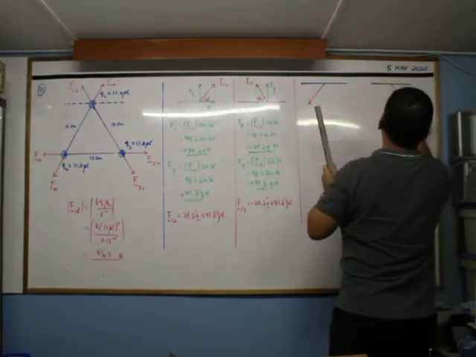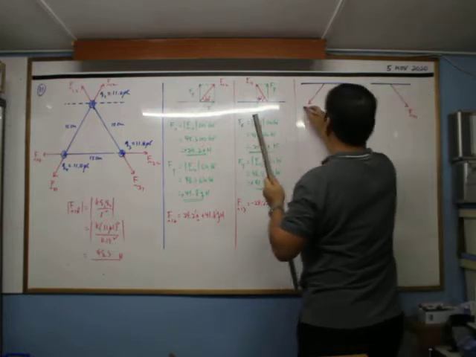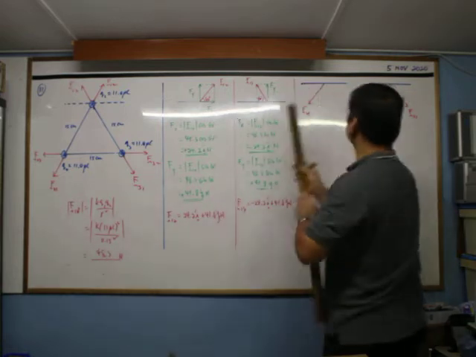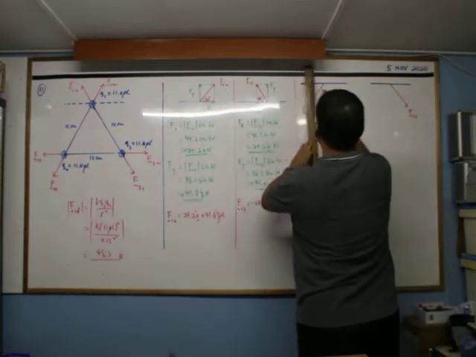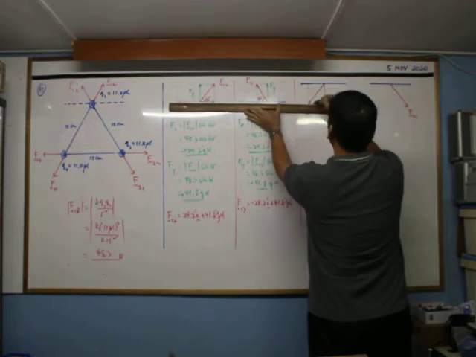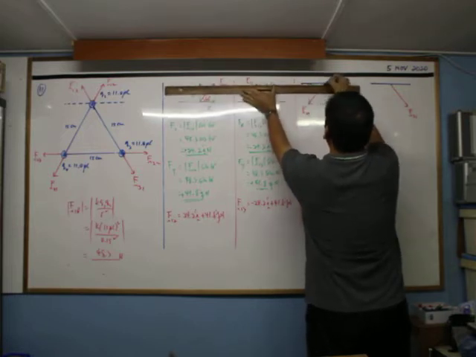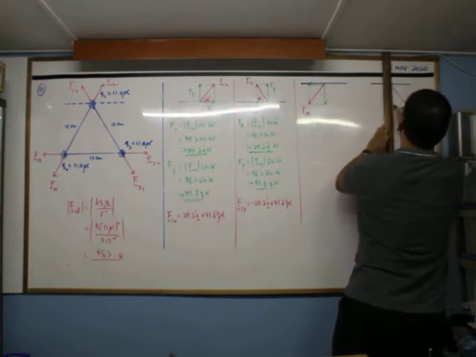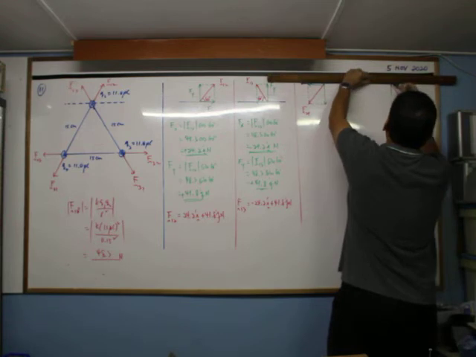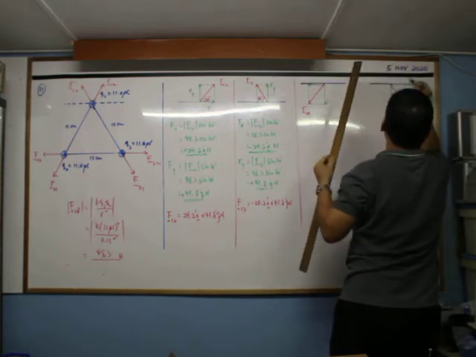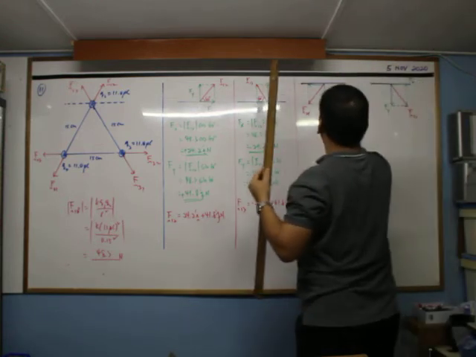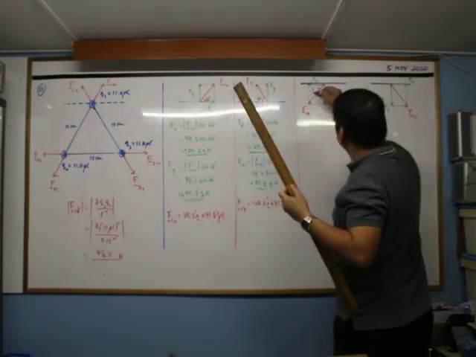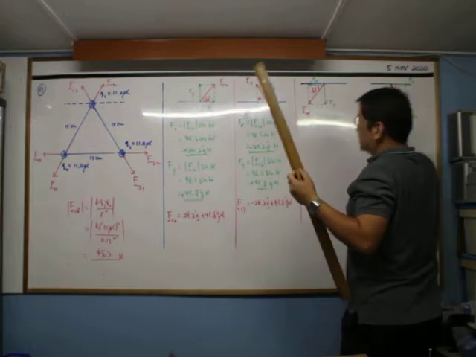That is the F31. This is the F21. So we can split them into components. Same thing. Fx, Fy, Fy, Fx, angle the same, 60 degree and 60 degree.